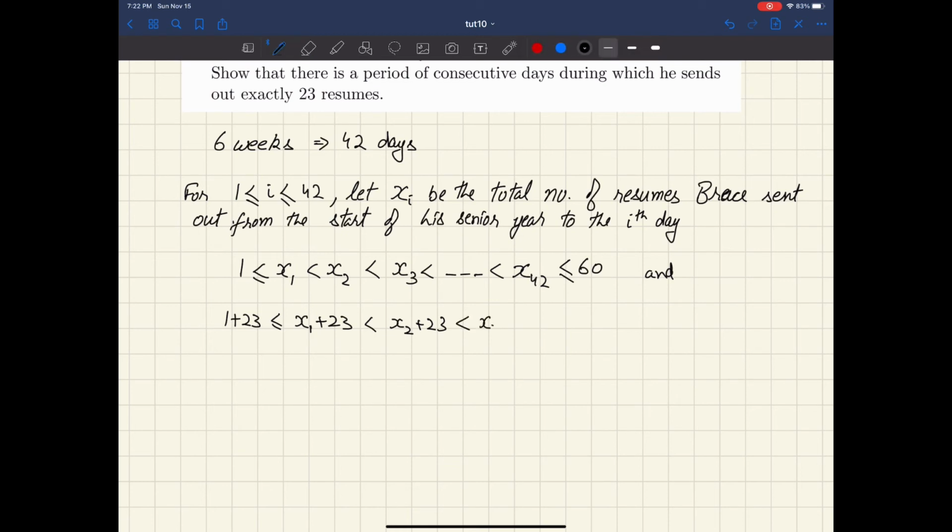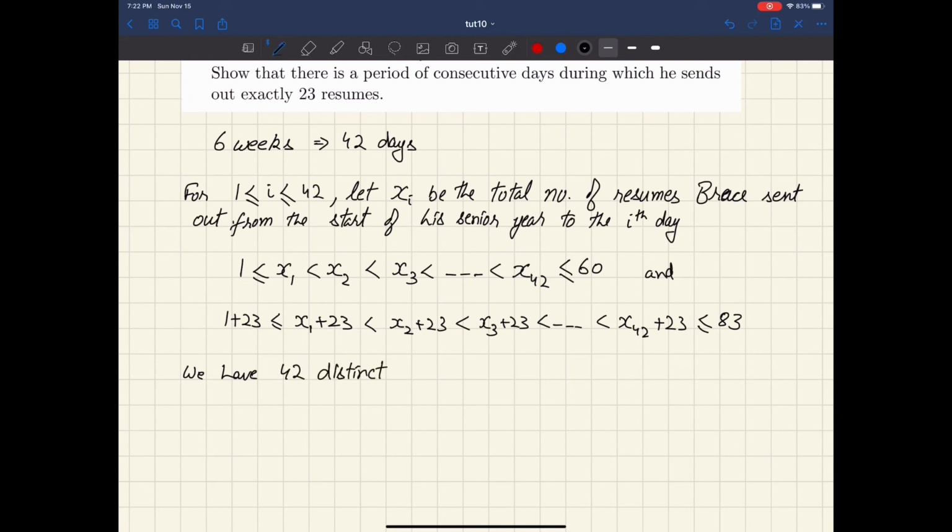Once we have this inequality, we can add 23 across the whole inequality, which gives 1 plus 23 less than or equal to x1 plus 23, less than x2 plus 23, and so on till x42 plus 23, which is less than or equal to 83.